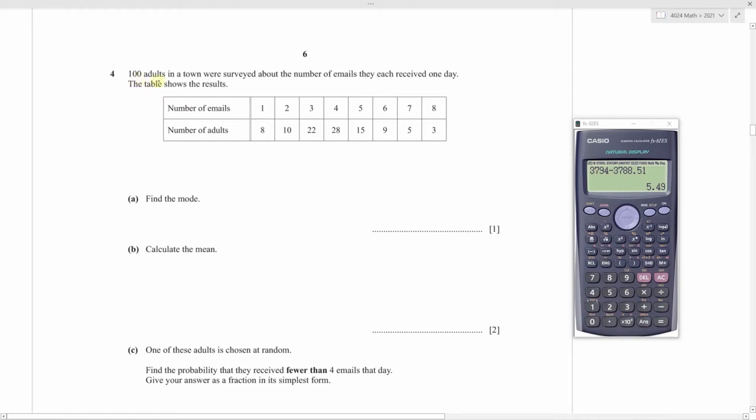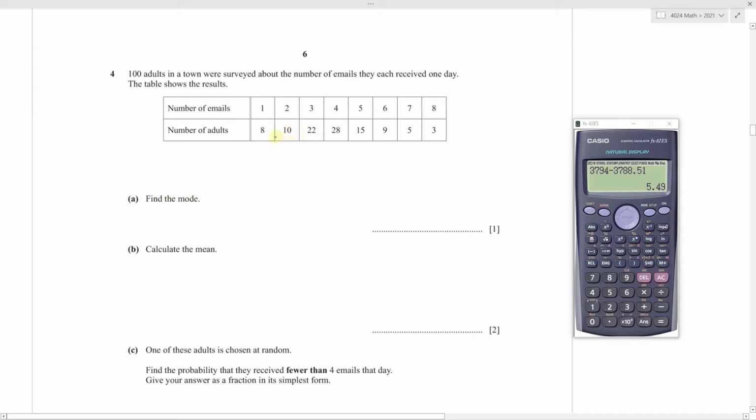Question number 4. 100 adults in a town were surveyed about the number of emails they each received one day. The table shows the results. So you have number of emails and number of adults. So one email was received by 8 adults in one day. 2 emails were received by 10 adults, 3 emails were received by 22 adults, and there were 28 adults who received 4 emails in one day, and so on.